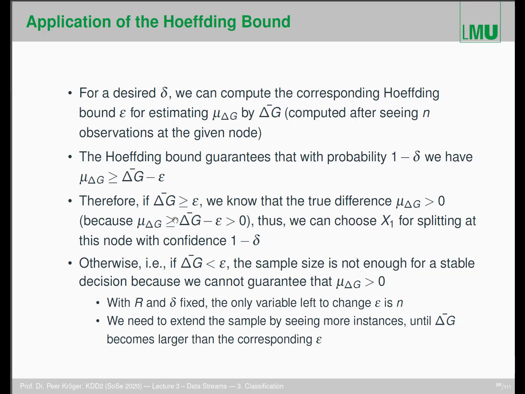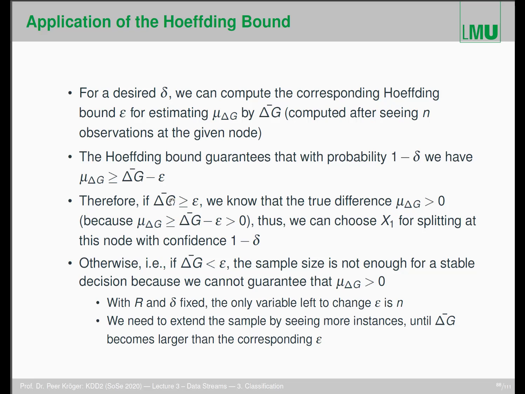Delta is fixed, so if we just take plus epsilon here, we have this one here. So the difference is obviously greater than 0, so the first attribute is obviously better than the second one. So we can use x1 for splitting at the node with a confidence of 1 minus delta. There is still some fuzziness, but with a confidence of 1 minus delta.